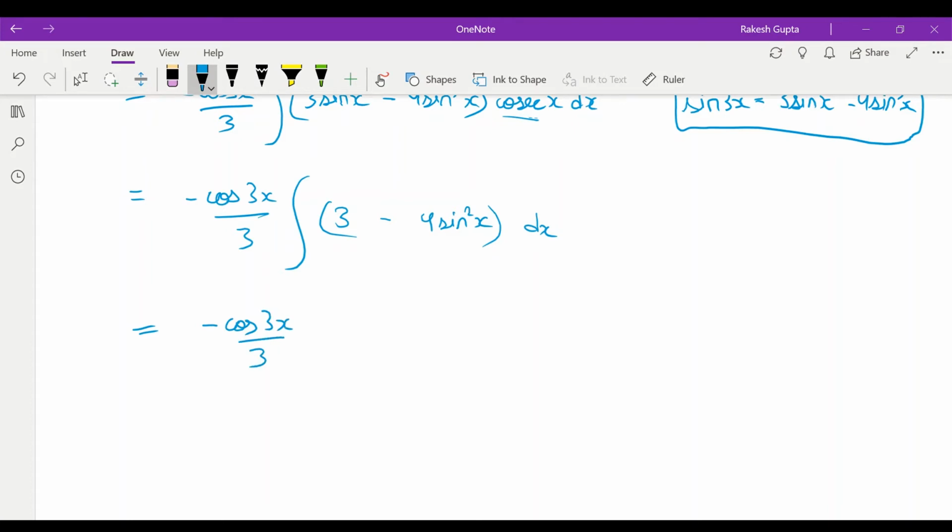Integral of 3 with respect to x is nothing but 3x. Now the integral of sine square x. Actually, I'm just going to go slightly back over here.